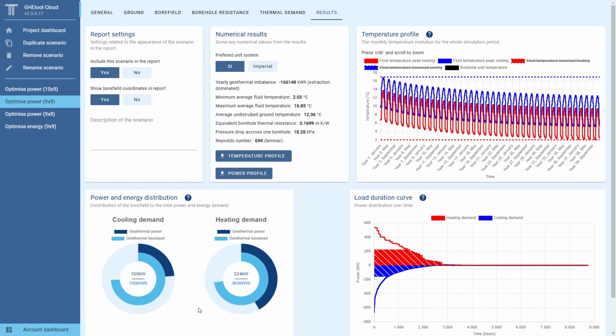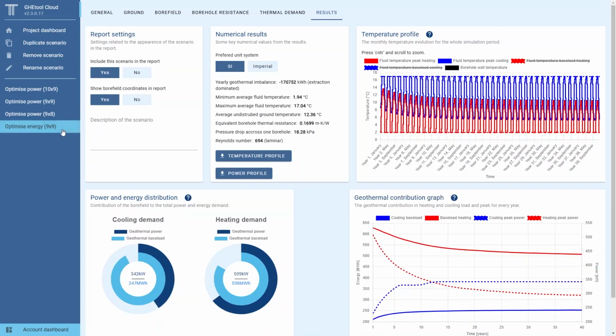So the amount of power we have installed when we optimize for energy is way, way bigger in order to get up to this 83% of geothermal share. So that's something we're going to take a closer look at in our next scenario.